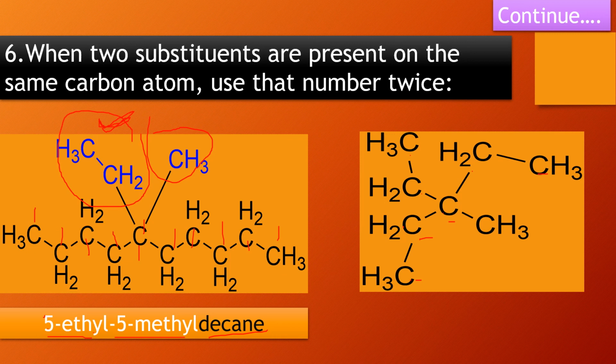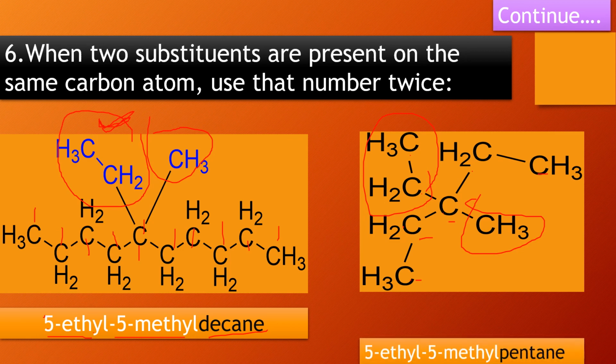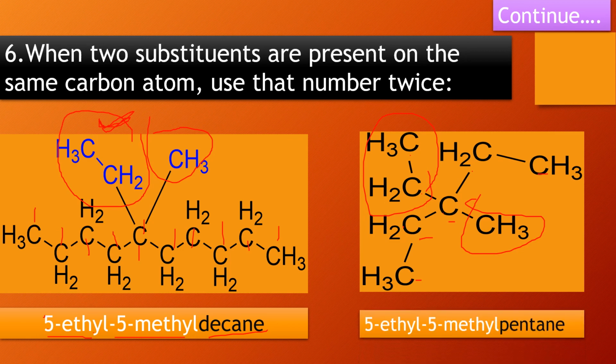So the parent name is pentane, and at the third position there are two substituents. This is an ethyl group and this is a methyl group. So both are present at the same position. So the name will be 3-ethyl-3-methylpentane. It is very simple.